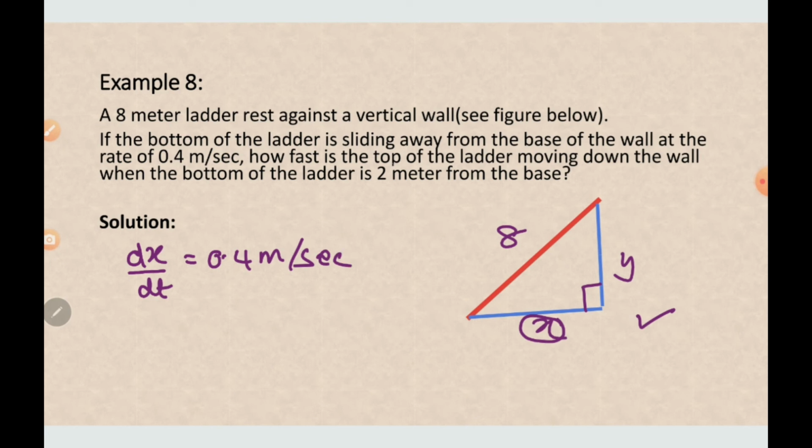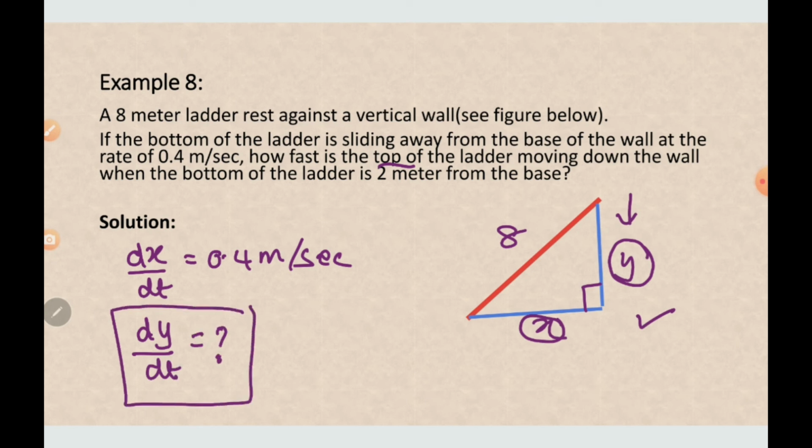How fast is the top of the ladder moving down? The top of the ladder is y. The ladder is moving down. So dy dt is equal to, this is the something that we want to find out here.